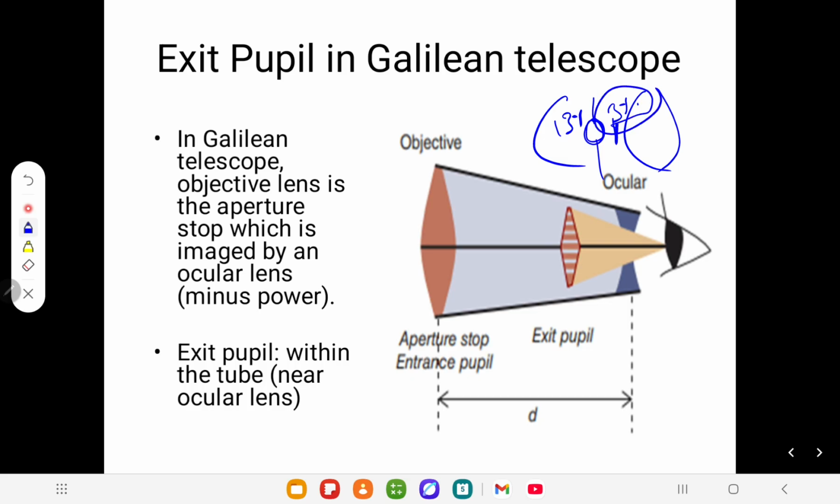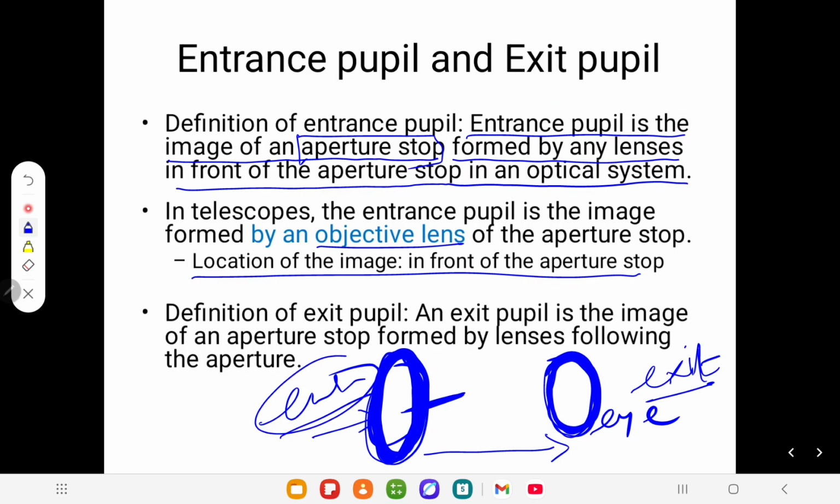The exit pupil lies here and the entrance pupil lies here, because the image of the pupil made by the lens lies behind it.